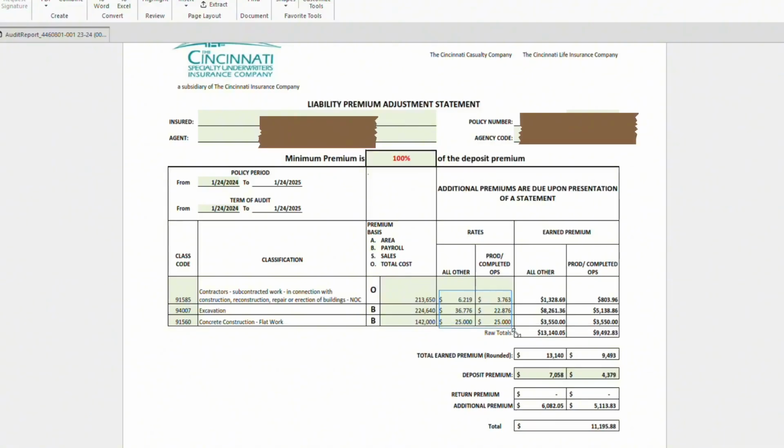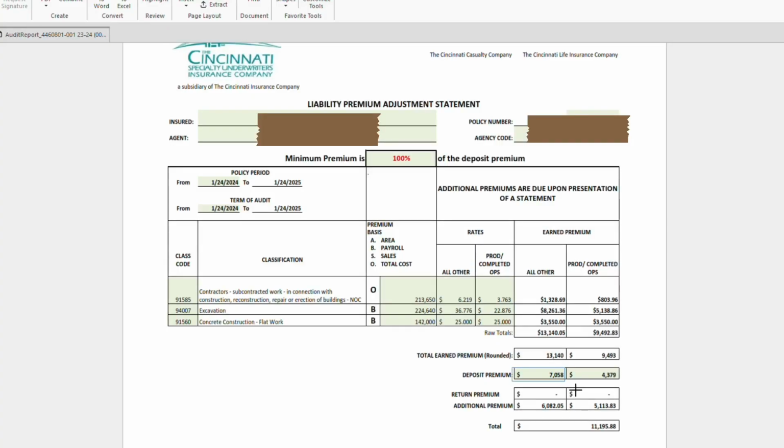For contractors, it's the total cost, and for excavation or concrete work, it's their estimated payroll. In this instance, for payroll on concrete flat work, they estimated $142,000, with a rate of $25 for every $1,000 of payroll. When you look at what actually happened, they did not estimate correctly.